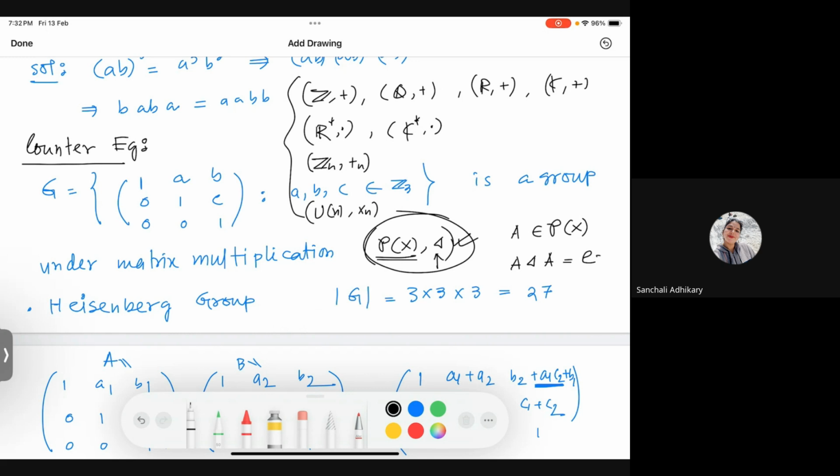Empty set, na? So for this group, every element is self-inverse. If I ask what the inverse of A is, the inverse of A is A itself. So till now we have lots of examples of abelian groups.